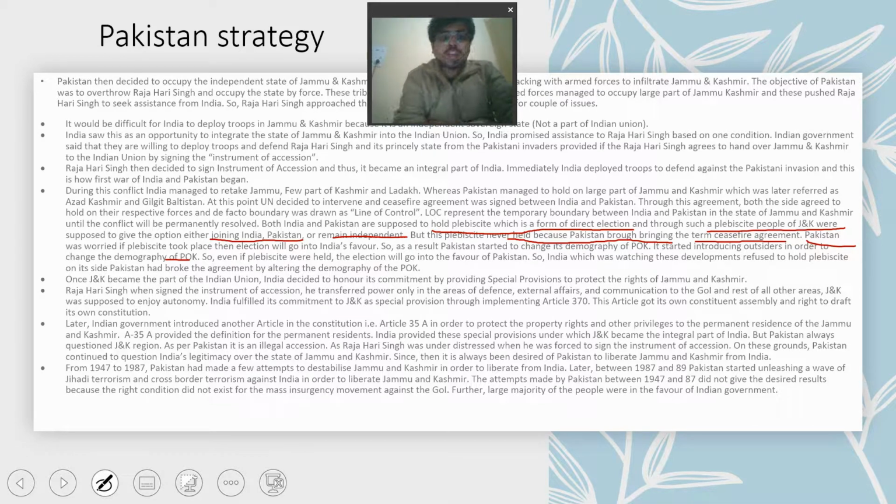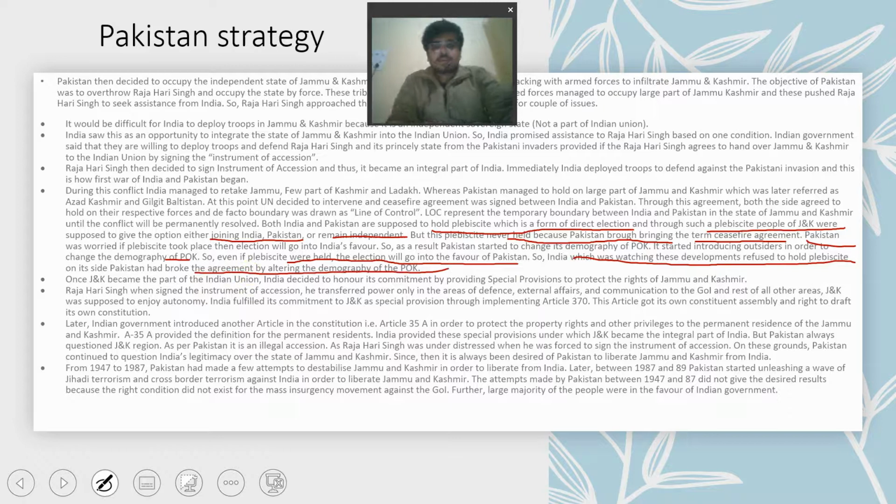So even if there was a plebiscite, the election would go in favor of Pakistan. So India, which was watching these developments, refused to hold the plebiscite on its side, as Pakistan had broken the agreement by altering the demography of POK. Okay, and this plebiscite never happened.